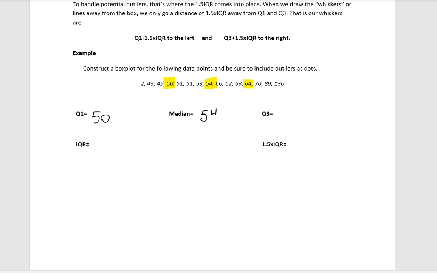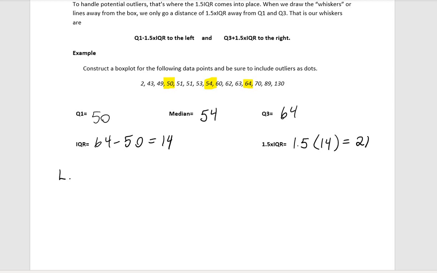Q2 would be 54, so 50% of our data is 54 or less. And Q3 is 64. Our IQR is going to be 64 minus 50, which would be 14. And 1.5 times that IQR is going to be 21.